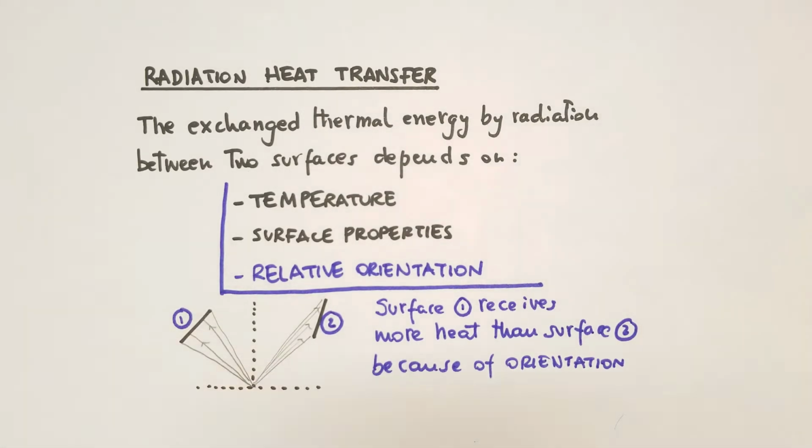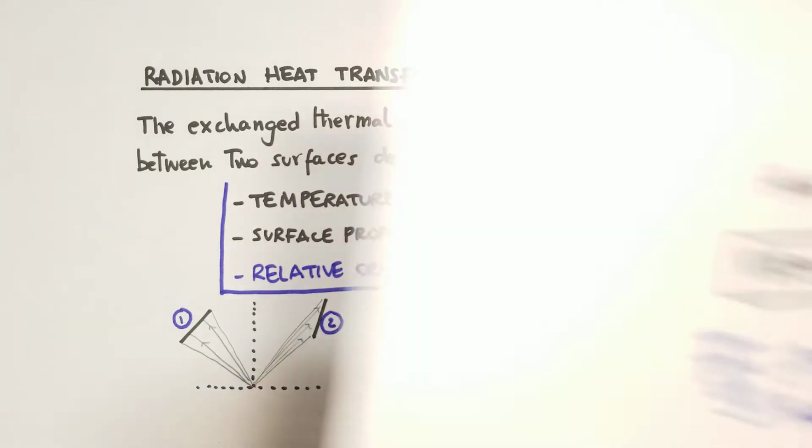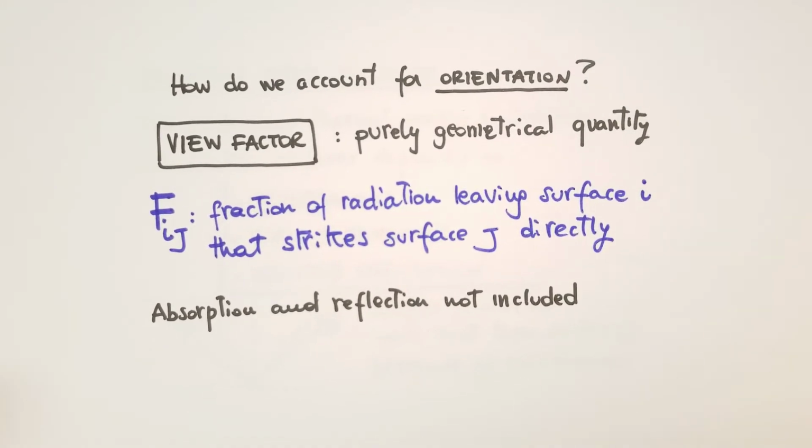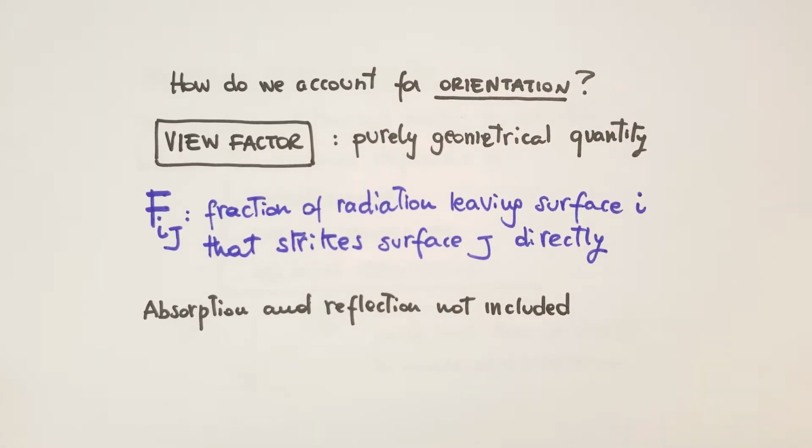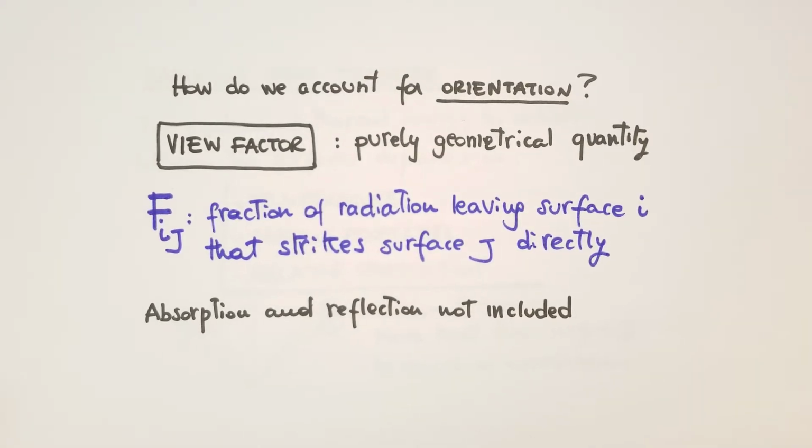So the question is, how can we account for this different orientation? To do so, we introduce a geometrical quantity that's called the view factor.